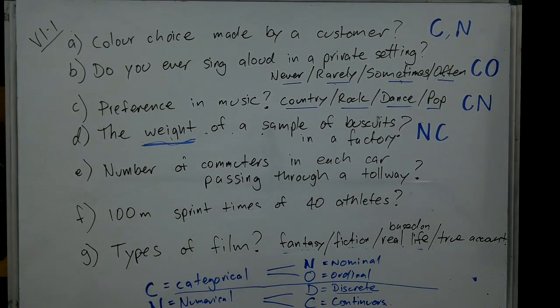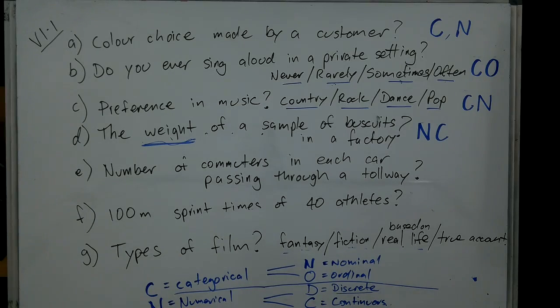Okay, question E. The number of commuters in each car passing a city tollway is counted. So there's someone sitting on the side of the road, and each time a car stops, they go, oh, there's 1, 2, 3, 4, 5. That's probably too many to be squashed into a car.